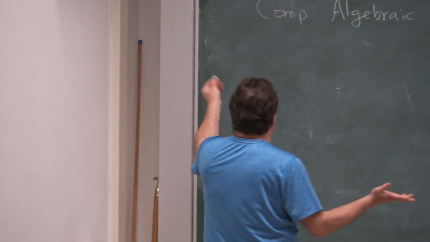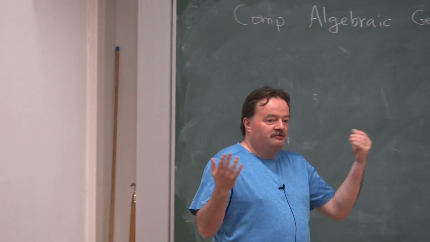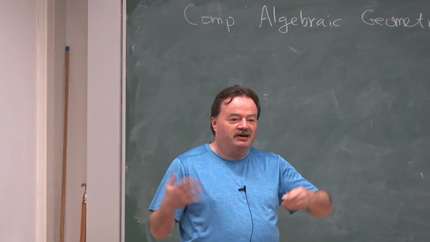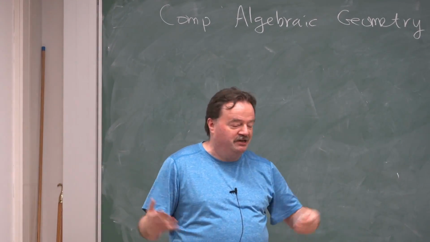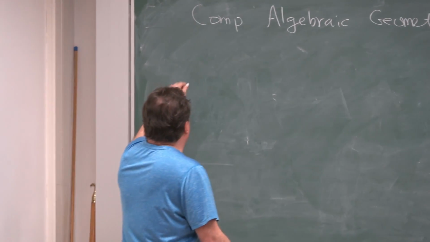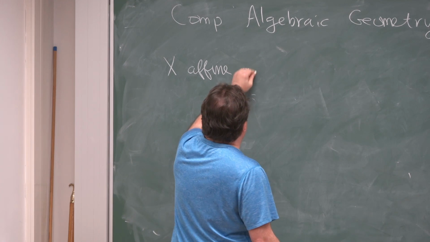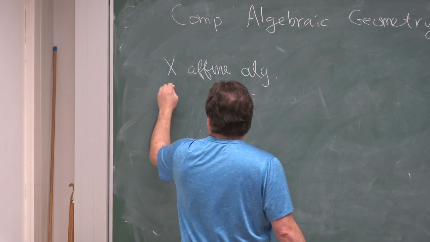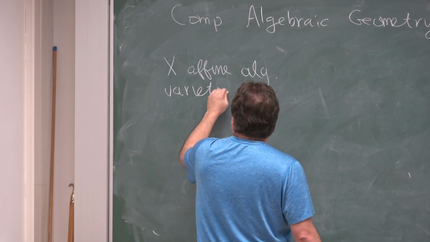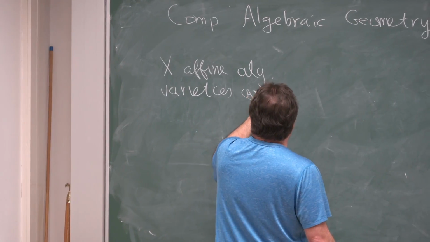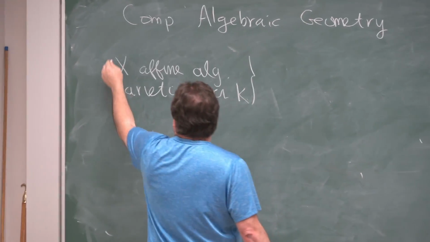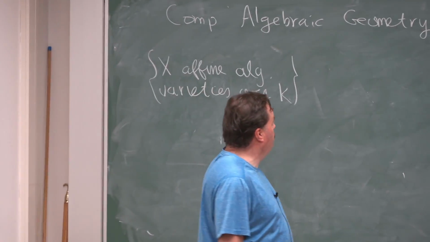On one hand, I'm going to talk mostly just about affine algebraic varieties, not projective or any schemes or anything like that. So on the one hand, we have affine algebraic varieties over some field K. It can be an arbitrary field.